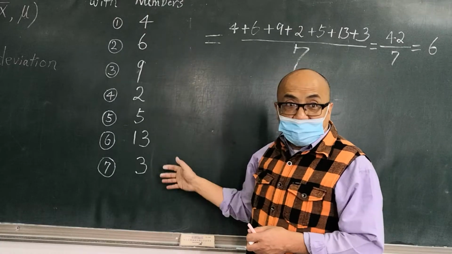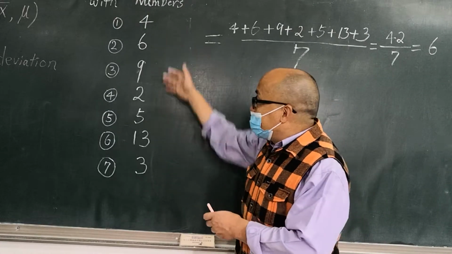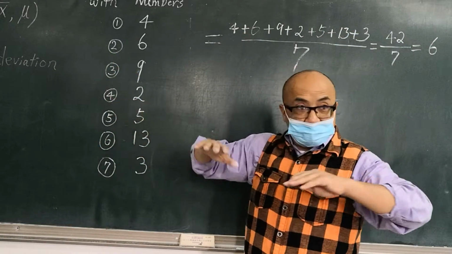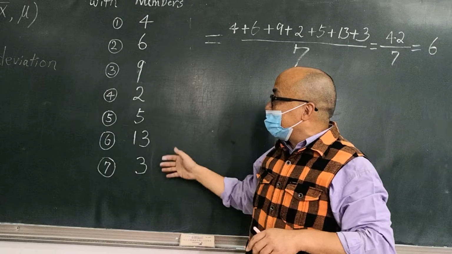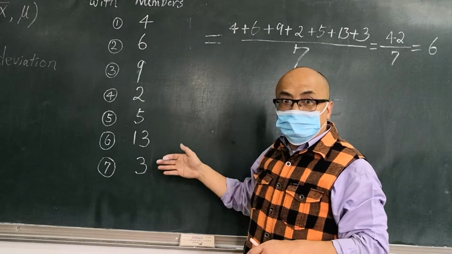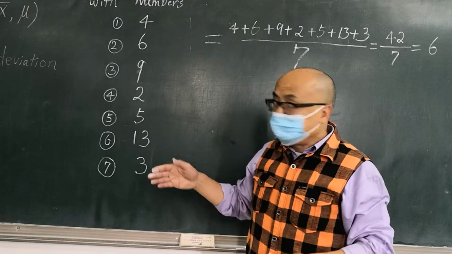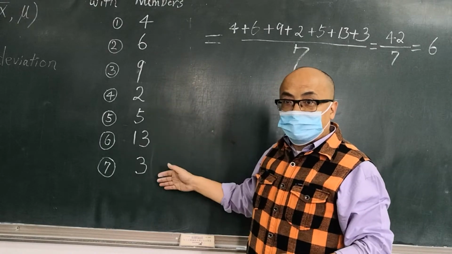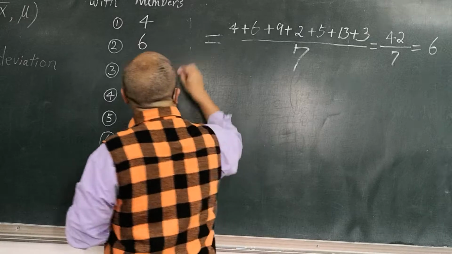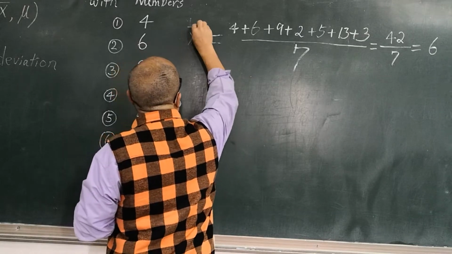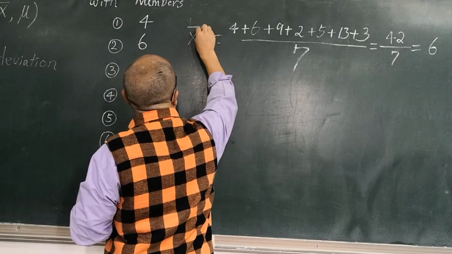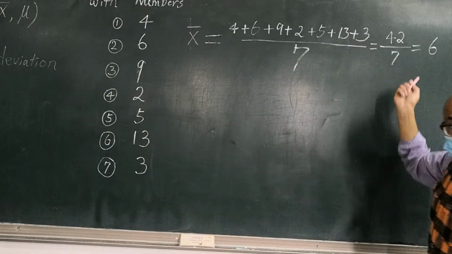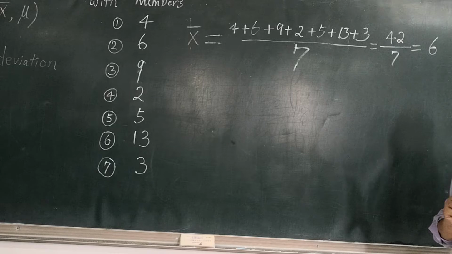These numbers are representing a lot more numbers. These numbers were selected out of more numbers. These are samples. If these are samples, then this is x bar, and it is 6. The mean is 6.